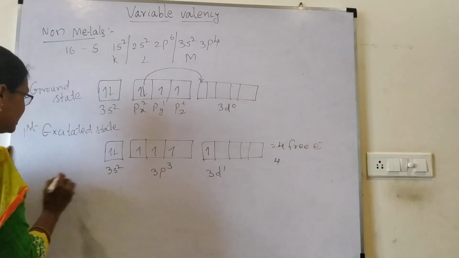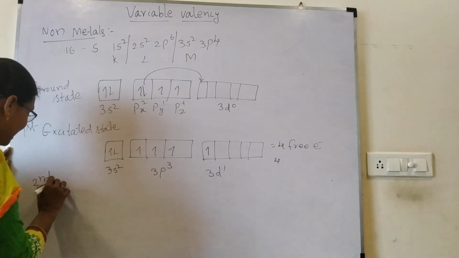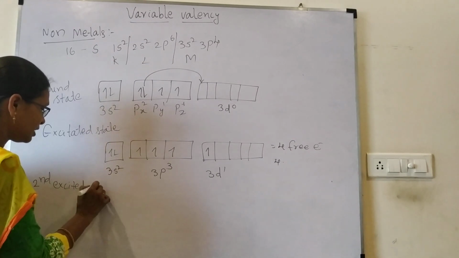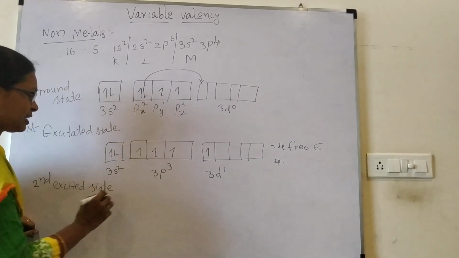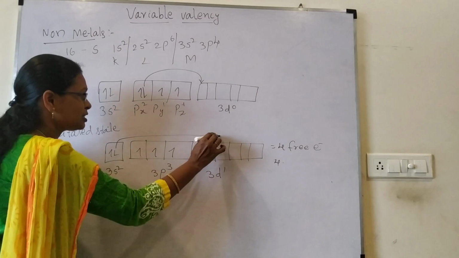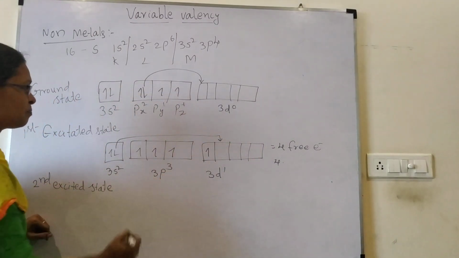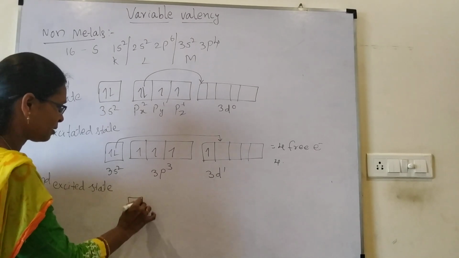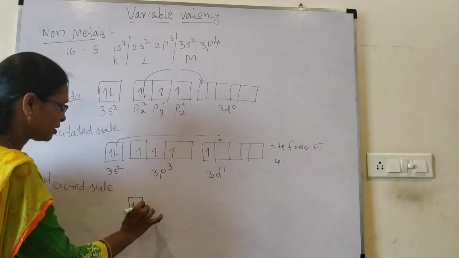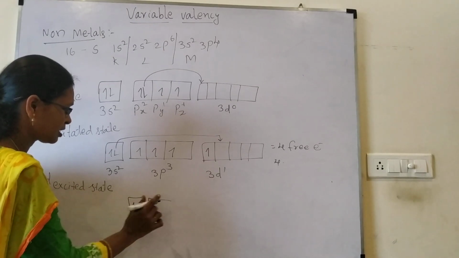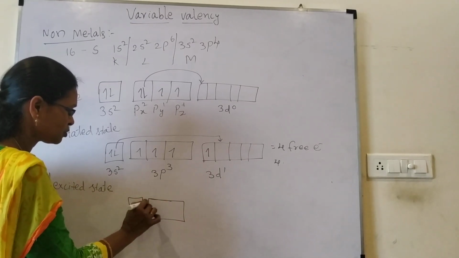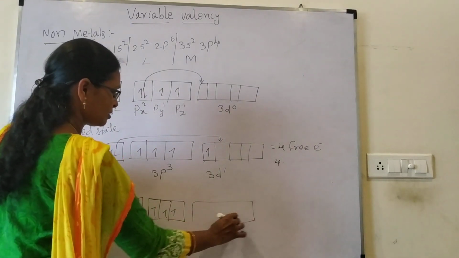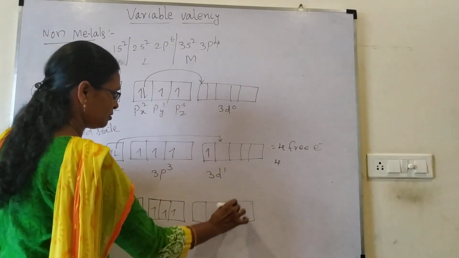Next, the second excited state, because one more paired electron is there, right? That is why it is the second excited state. This s electron will go to the second one of this, so the s electron will come here. So here 1, 2, 3, 1, 1, 1, and here again 1, 2, 3, 4, 5.